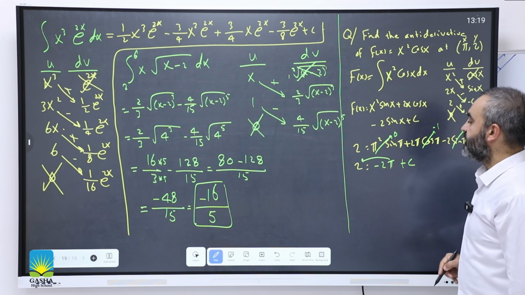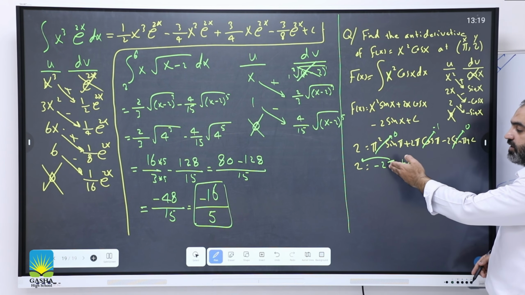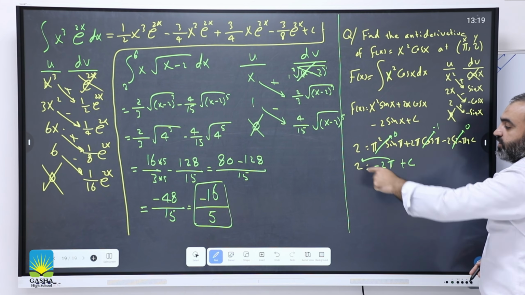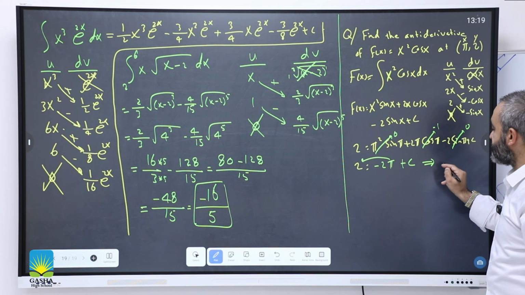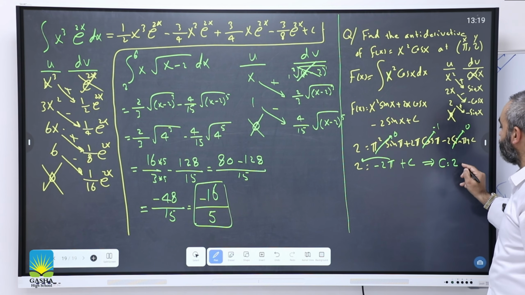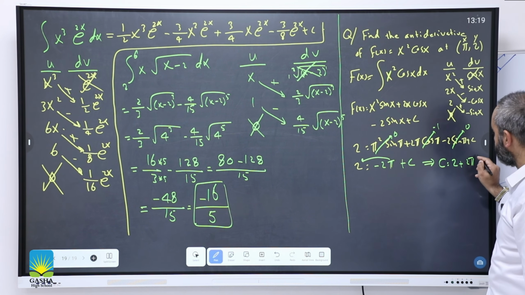And we move the negative 2 pi to the other side. So c equal to 2 plus 2 pi.